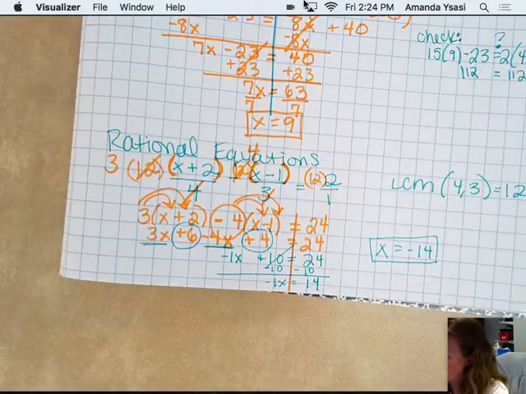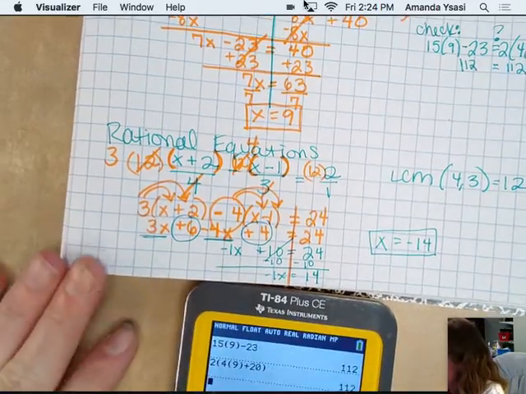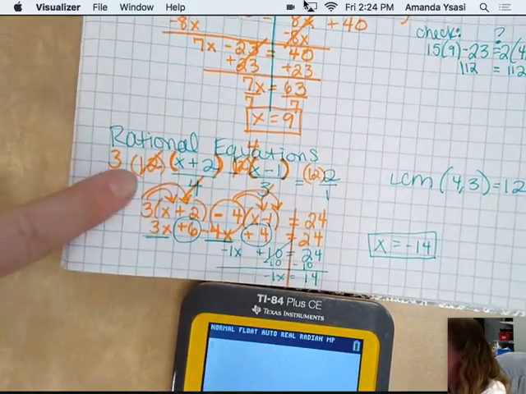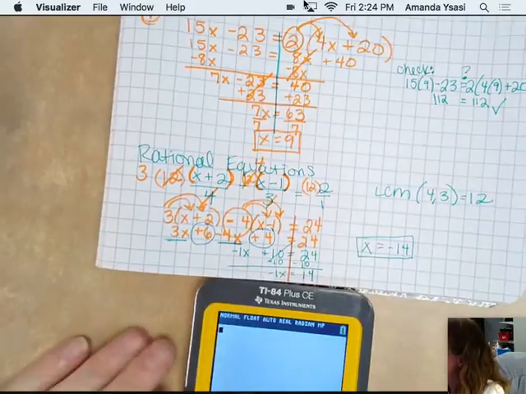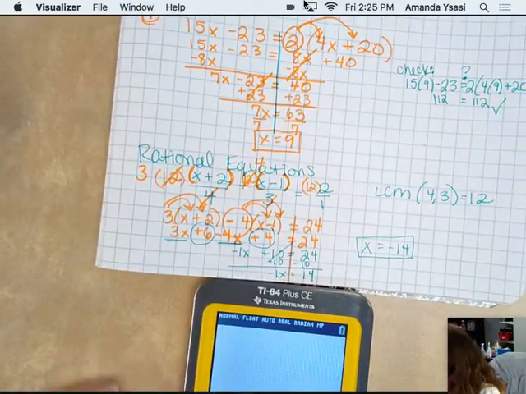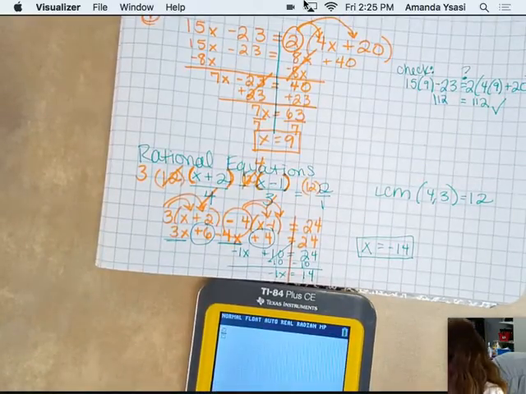And then we would plug it in to check our answer and plug it into the original. So I would do alpha y equals to give me that fraction.